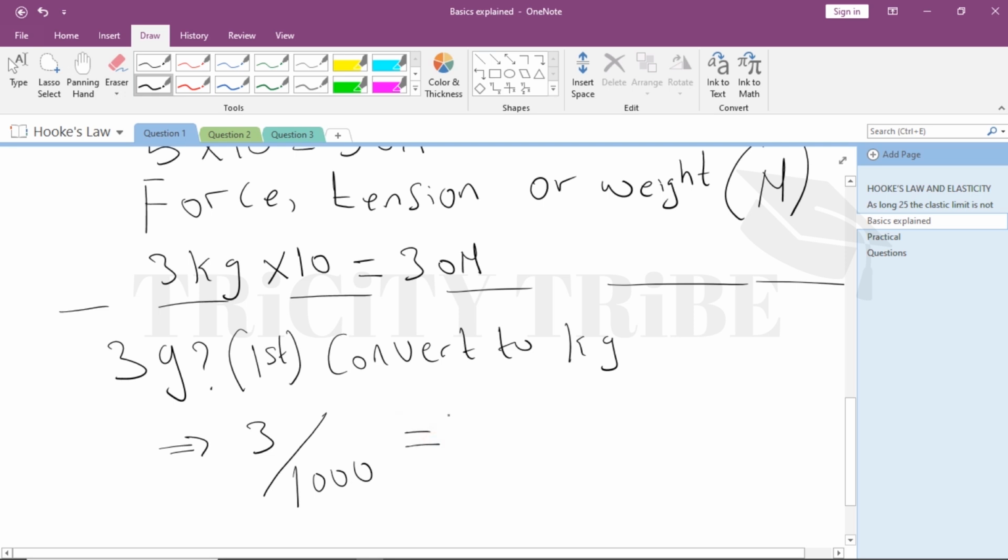Alright? And that gives me what? 0.03 kilogram.